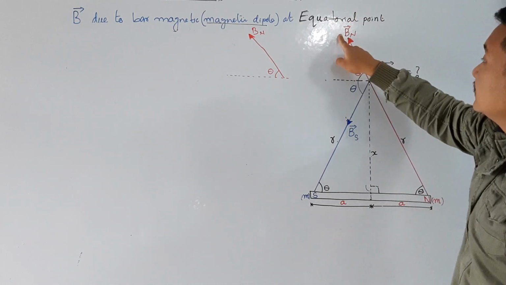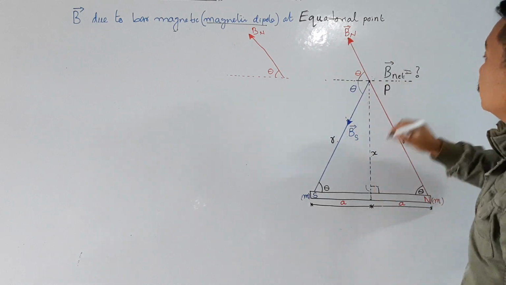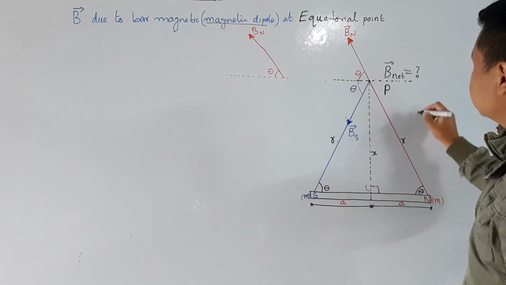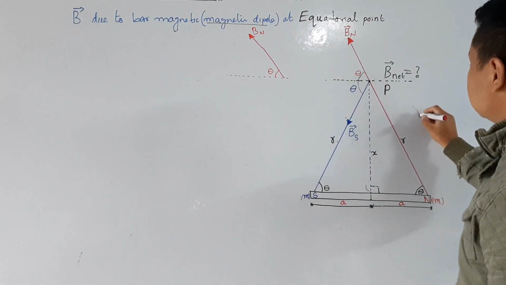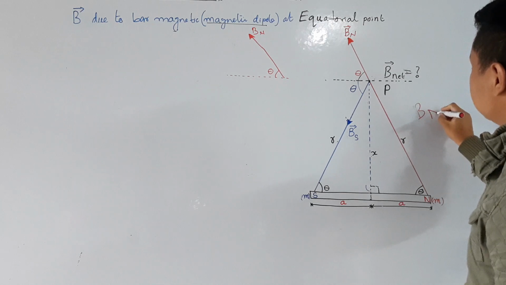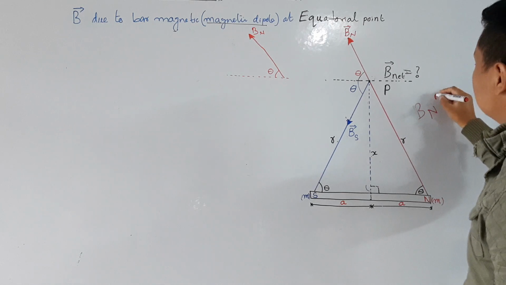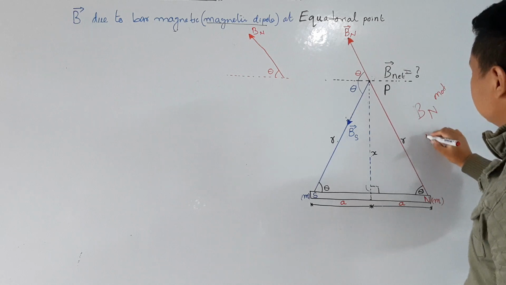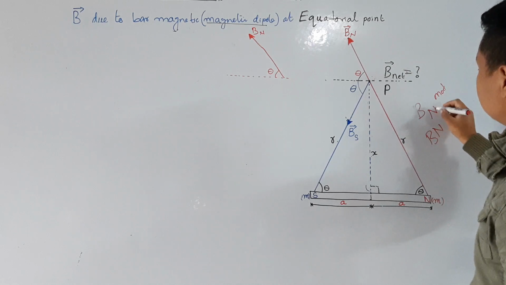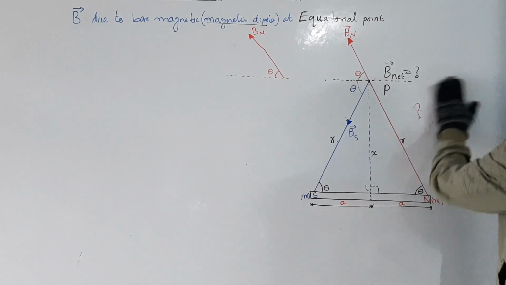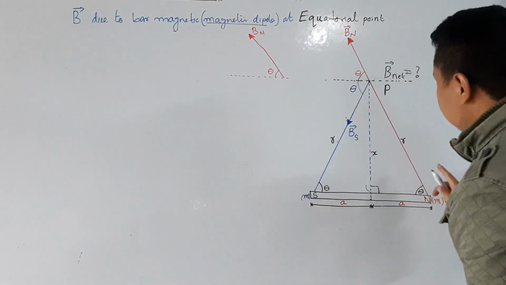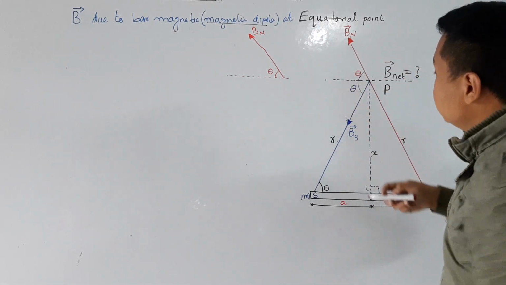So this is the magnetic field due to the north pole, B subscript N. You should always remember this is B subscript N. So the magnetic field is going along this line, that is B_N.